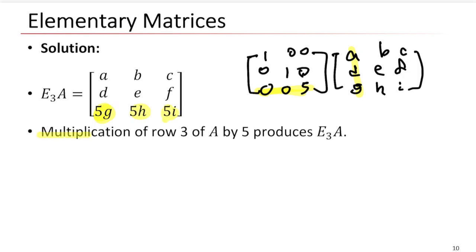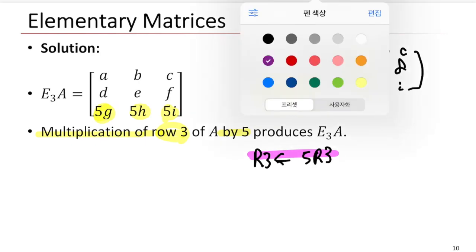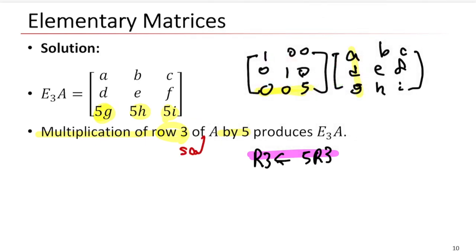So what is that? This is a multiplication of row 3 by 5. Row 3 will be 5 times row 3. So this is the scalar multiplication operation. This is the E3 times A, right?